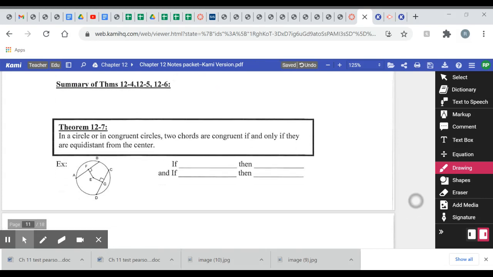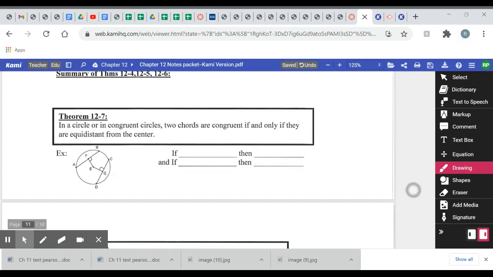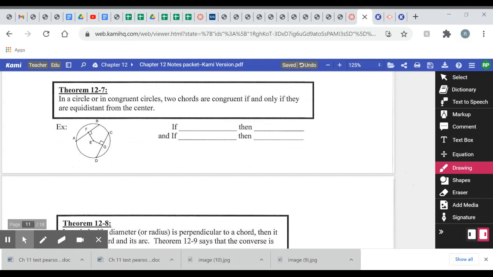Okay. So now if we summarize theorems 12.4, 12.5, and 12.6, we can see that theorem 12.7 says in a circle or in congruent circles, two chords are congruent if and only if they are equidistant from the center.